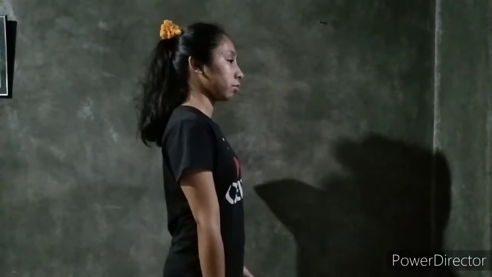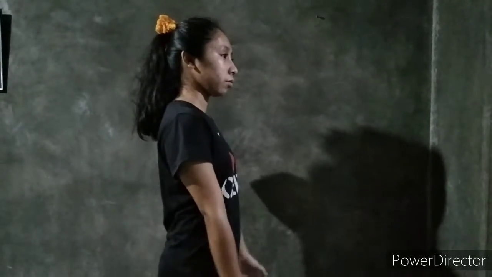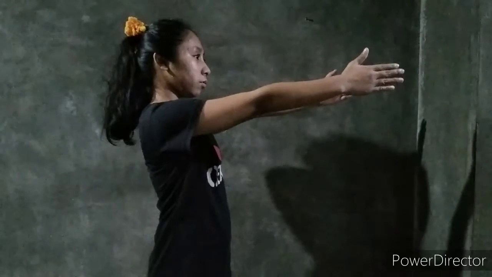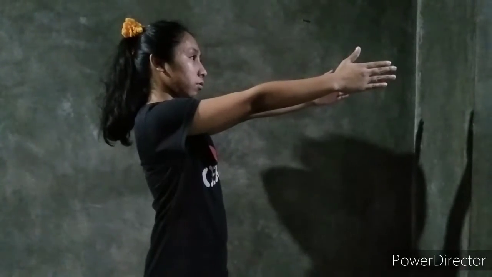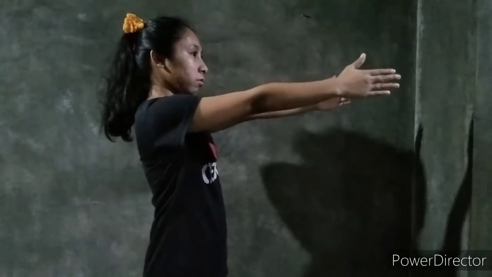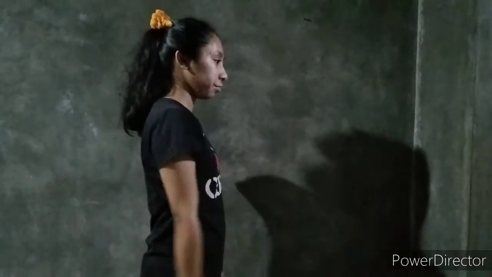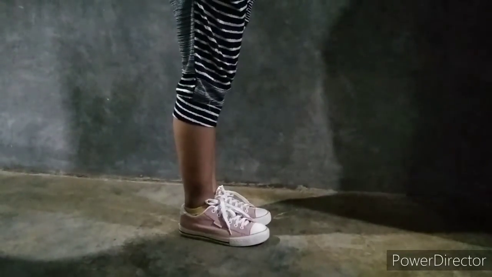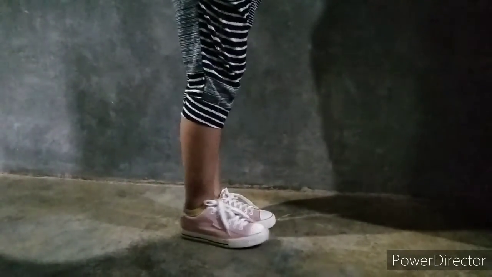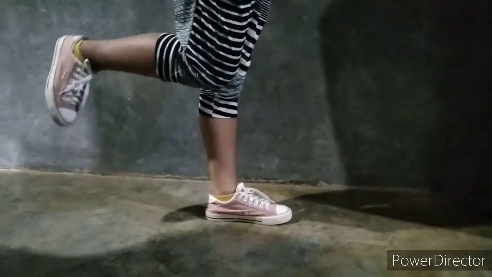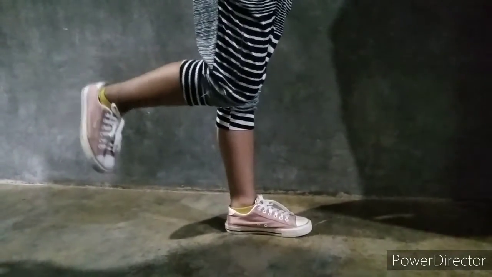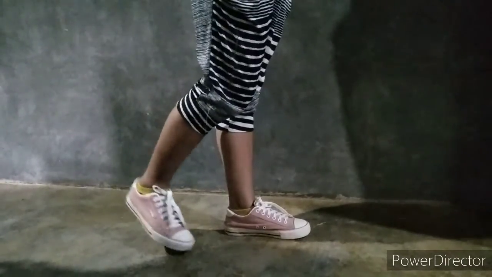So the shoulder flexion is going in front upward, while the shoulder extension is going at the back upward with the help of the bones. Next is the knee flexion, going at the back upward, while the knee extension is going back to its anatomical position with the help of bones and muscles.